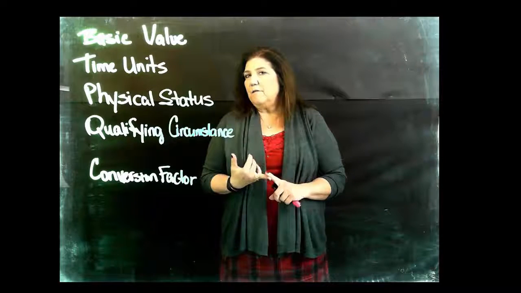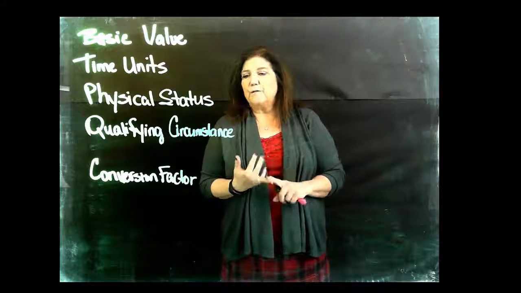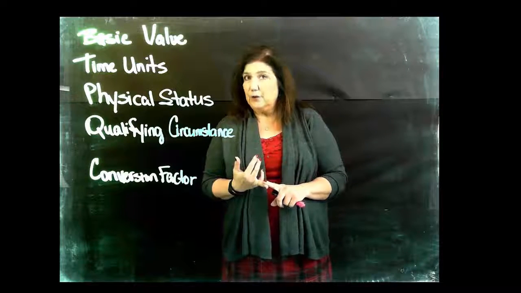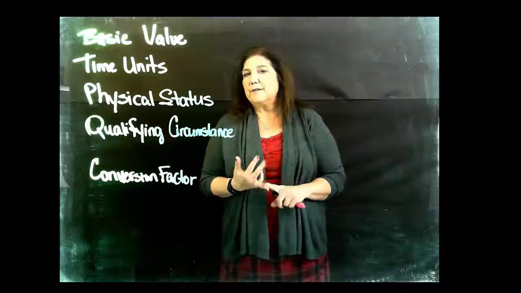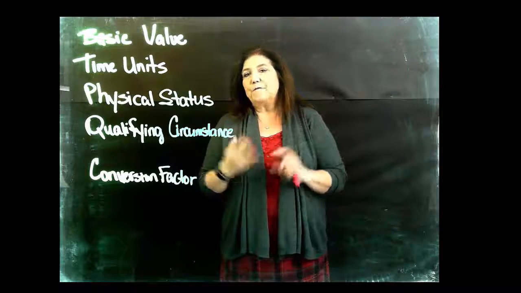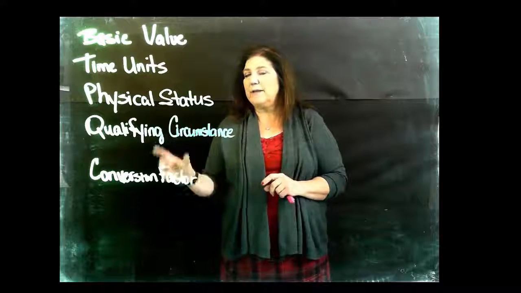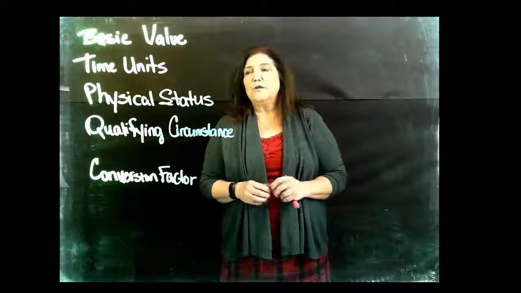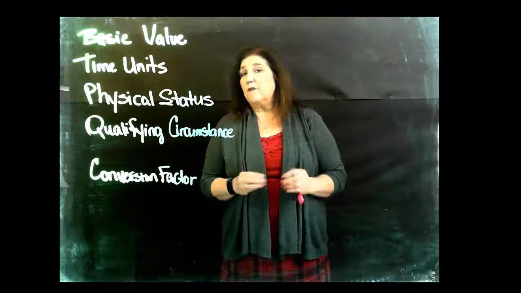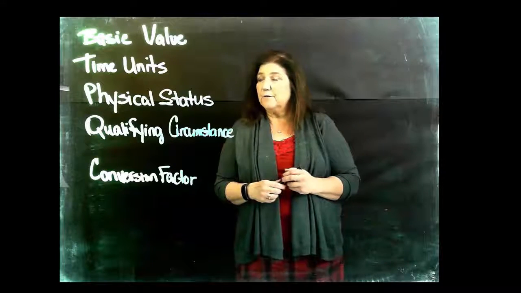Then we have the qualifying circumstance codes, and those have also been assigned a base unit or a base value based off of what that particular code is. So when we can figure that all up, then we can take our conversion factor, which is given to us by CMS, and it is based off of the locale.